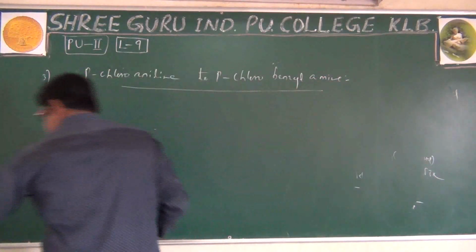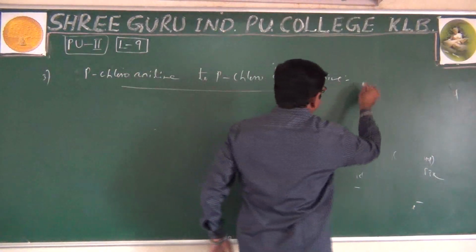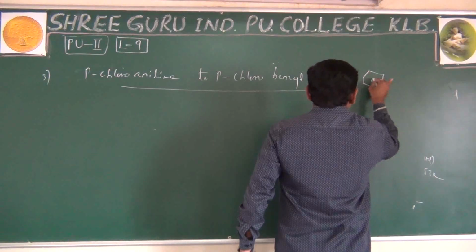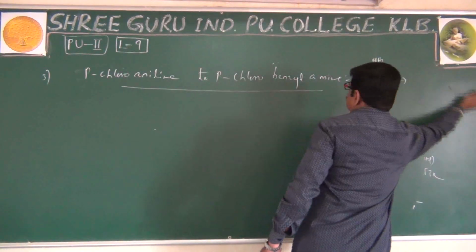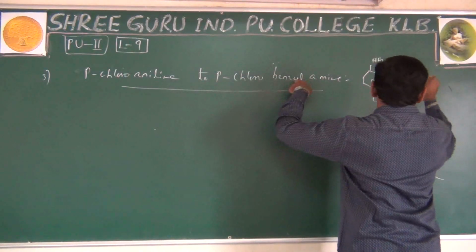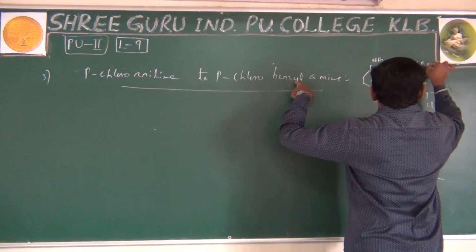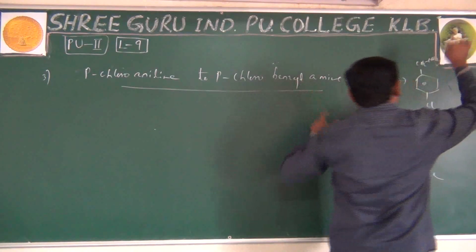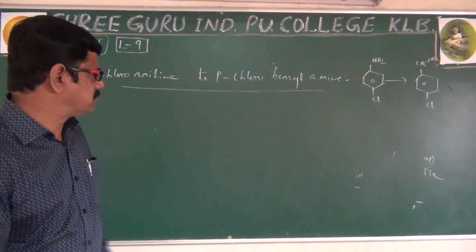First we will write the structures. Parachloroaniline should convert to parachlorobenzylamine. That's it. How is it possible? Let's discuss now.